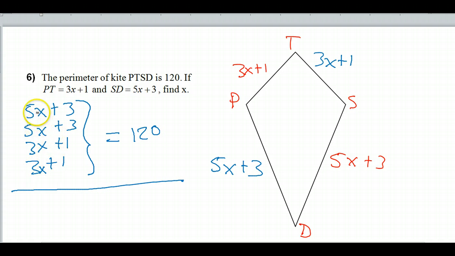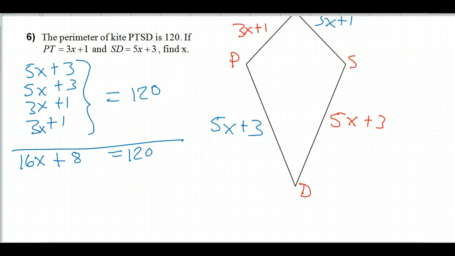So if I add up my like terms, that's 10 and 6, so that's 16x. Now, 6 plus 2 is 8. So 16x plus 8 should equal 120. The perimeter is 120. So it's just a matter of solving this equation. I'm just going to subtract 8 from both sides, like so. Now it's going to give me 16x is equal to 112.